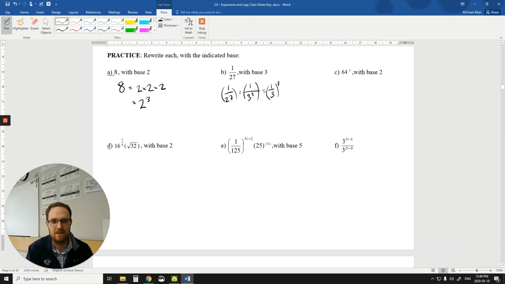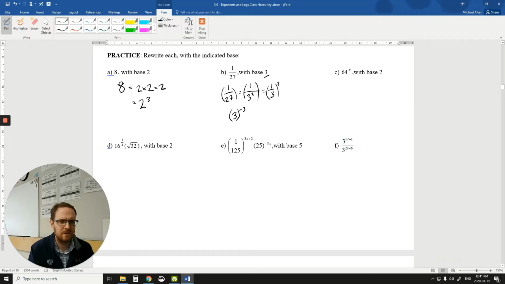If you expand this out, 1 cubed is 1, 3 cubed is 27, it'll end up being 1 over 27 still. Now, I want it to be base 3, not base 1 over 3, so I want to do a little reciprocal. So we're going to take that and flip it over, and by doing so, we change the exponent to be a negative exponent instead. So that's what it would be as base 3.